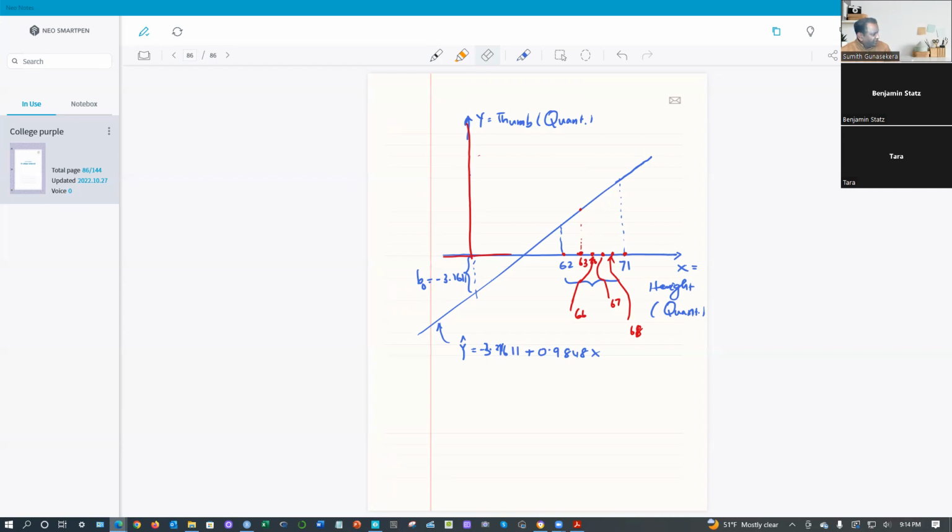It's not there in the textbook, but their true values are these values, on this one, this one, and this one.